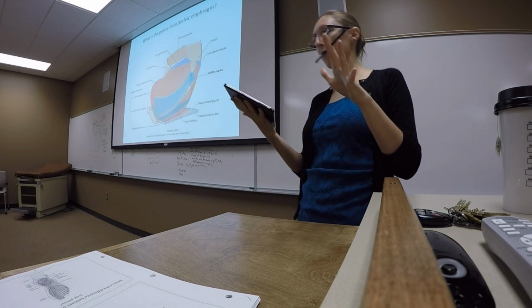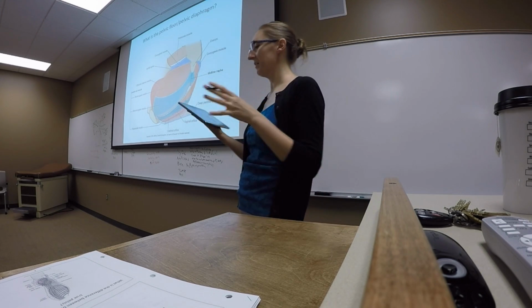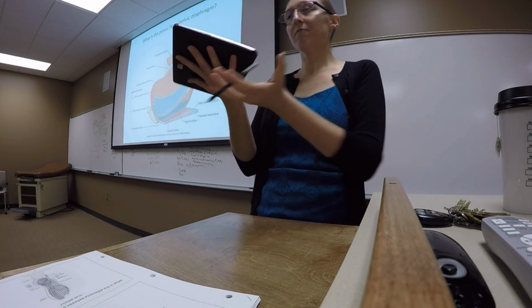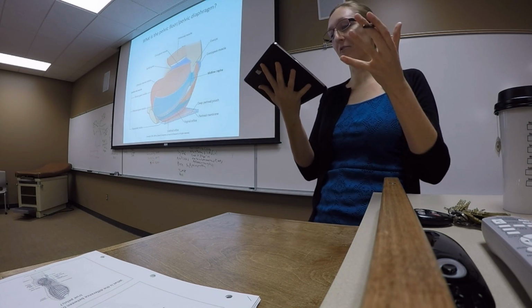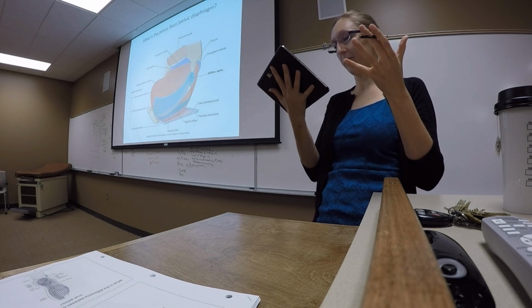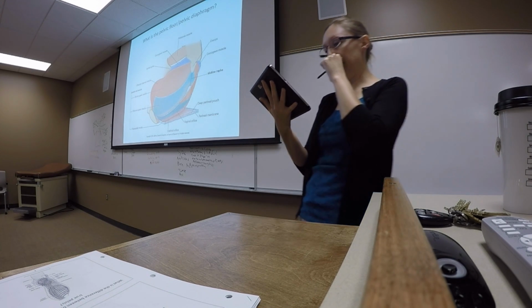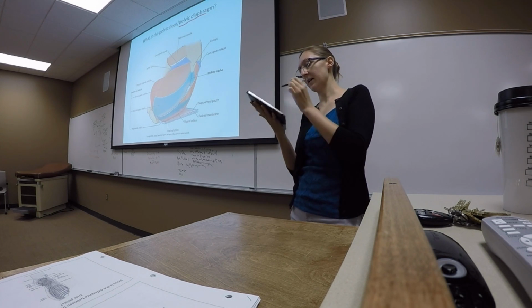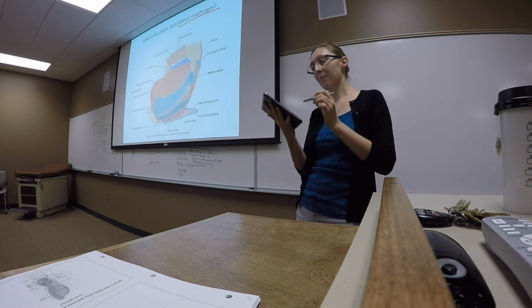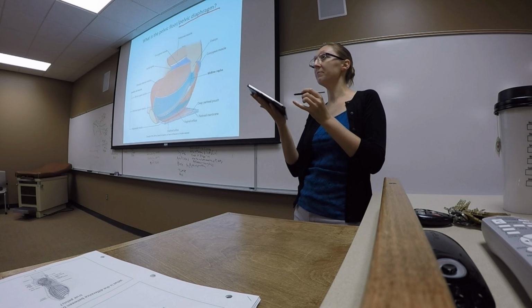Next class period we'll go into it more deeply, but at this point, know that it's a sheet of muscles that is domed, well, inverse of domed, that forms part of the pelvic floor. So that would be the pelvic diaphragm.